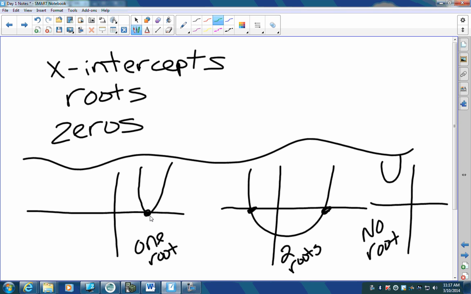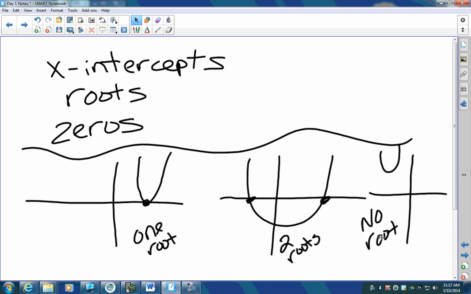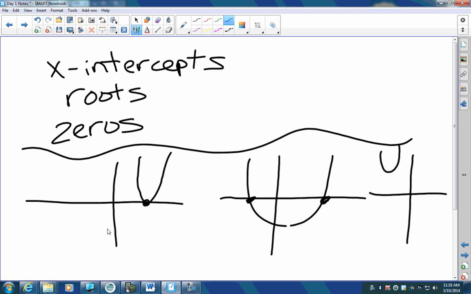You could have one solution, two solutions, or no solutions. I'm going to write solutions instead of roots. Okay, let's get that written down and then we can go on in just a second.